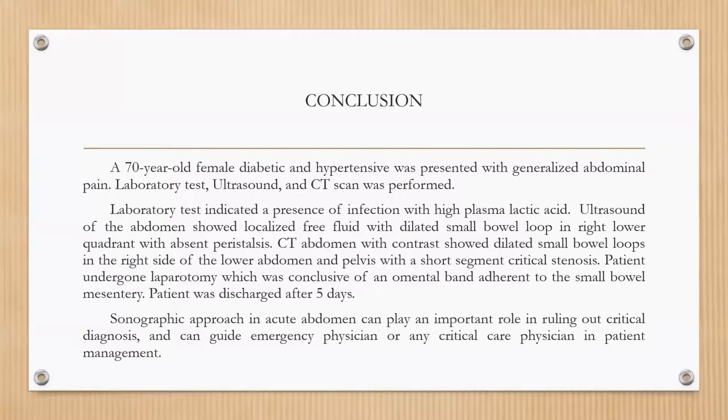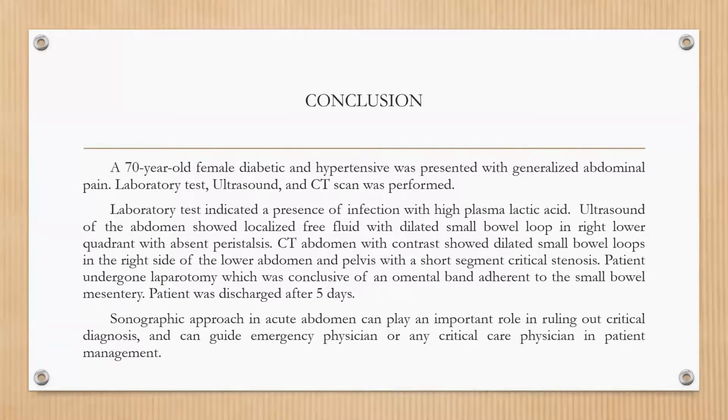So for our conclusion, a 70-year-old female presented with generalized abdominal pain. A laboratory test, ultrasound, and CT scan were performed. The laboratory test indicated an infection and high plasma lactic acid due to a buildup of lactic acid in the body from stenosis.